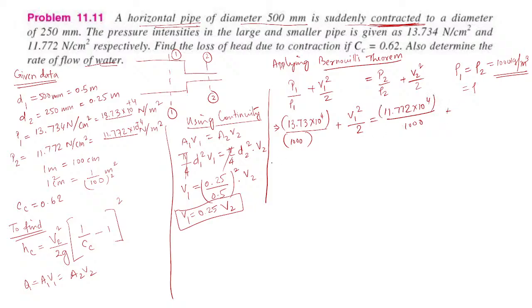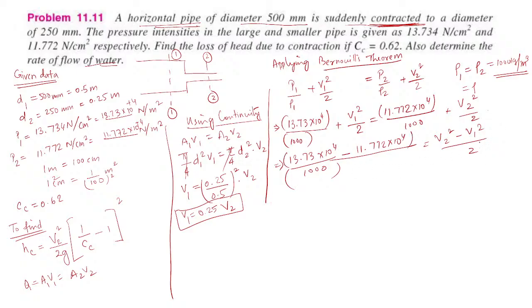Now again what do I get, again it's forming: 13.73 into 10 power 4 by 1000 minus 11.772 into 10 power 4 by 1000, so I get something like this, which is V2 square minus V1 square by 2, right?